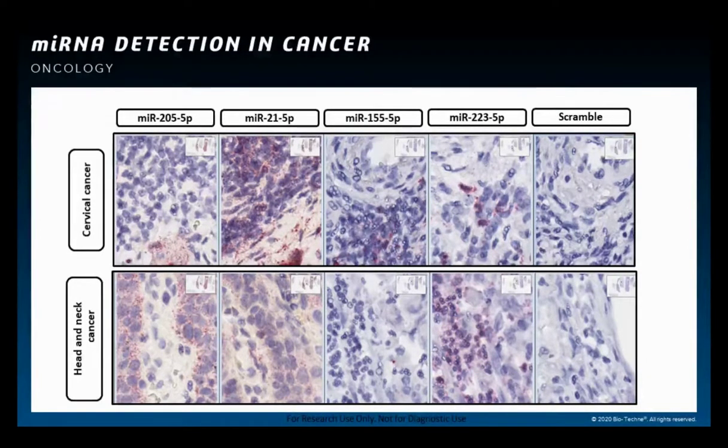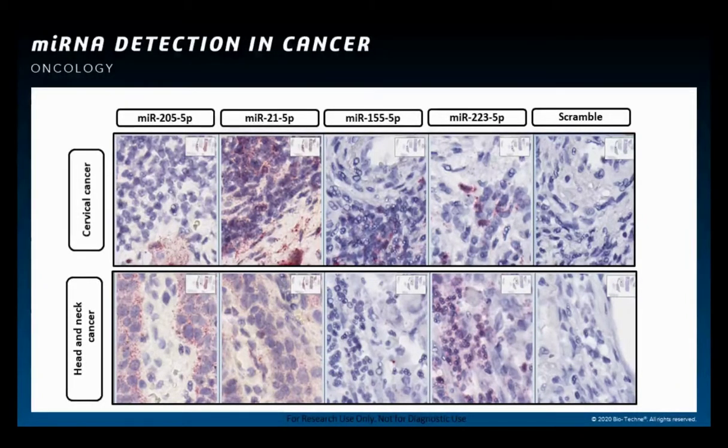Now, the first microRNA that we have here is miR205-5P, your most left. And this particular microRNA is interesting as one of the most popular microRNAs studied in oncology because it's known to promote tumor invasion, migration, angiogenesis, and it does so in part by activating the AKT signaling pathway.